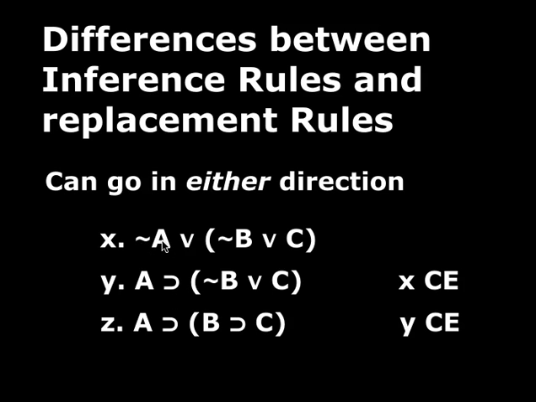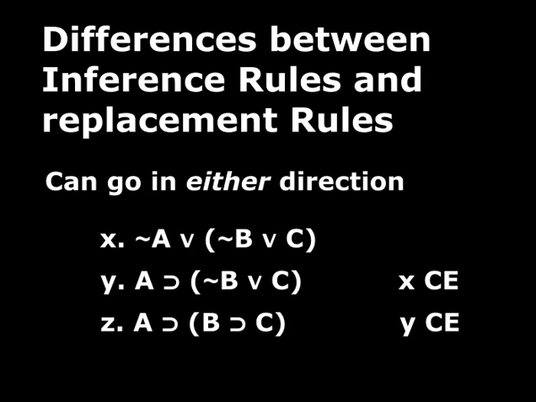I have to negate the first component, not A becomes A. The rest of the line stays the same because I used the rule on this operator here. The rest of the line comes down exactly as it was. And if I want to change this into a conditional, I can. Wedge becomes horseshoe, negate the first component, the rest of the line stays the same. So they work in both directions.